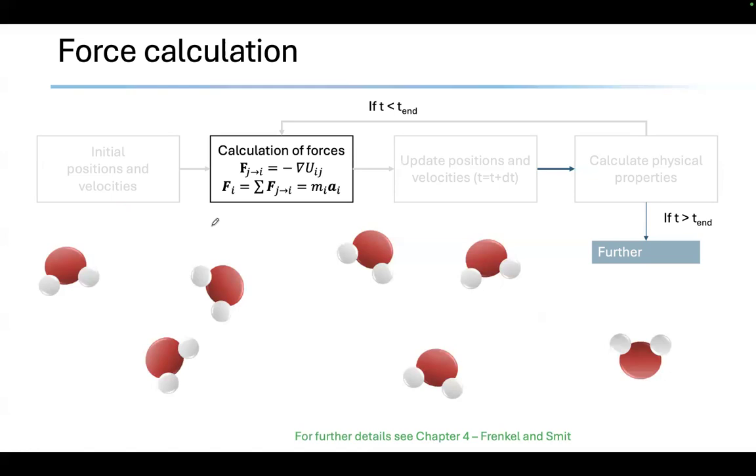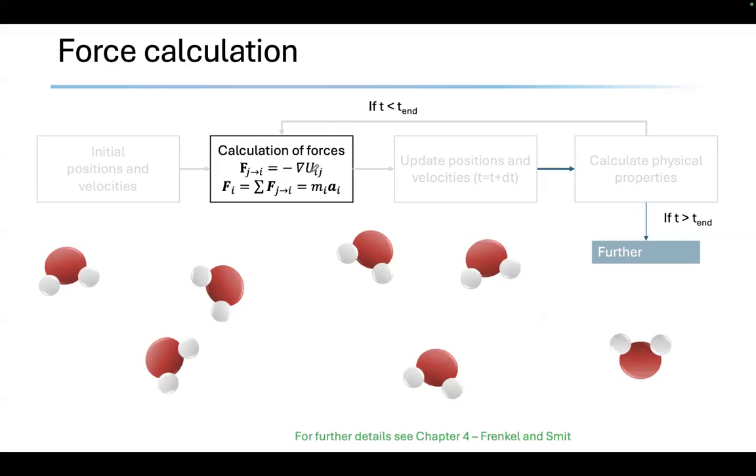For the calculation of forces, the most important thing to know is that the force is derived as the negative of the gradient of the potential energy. This is also similar to what you learned in high school, that the force is the negative derivative of the potential energy. Now, when I say Fji, it means the force exerted by the jth molecule on the ith molecule.